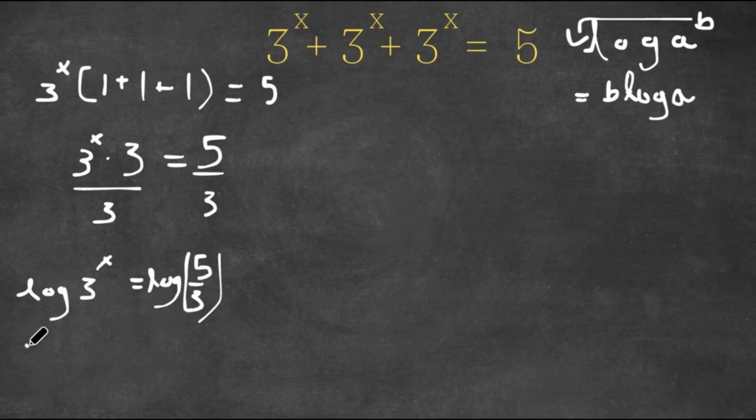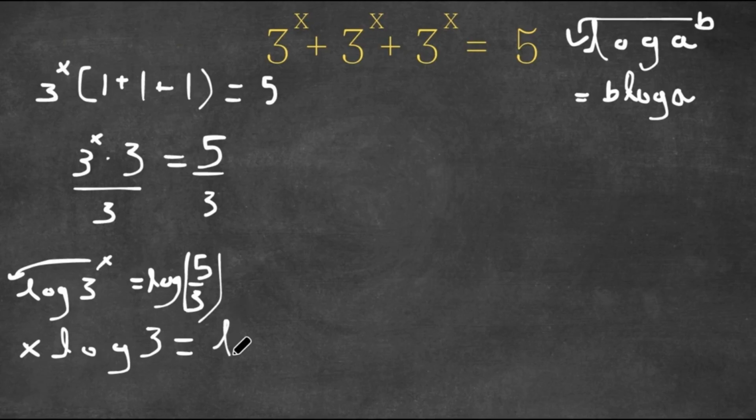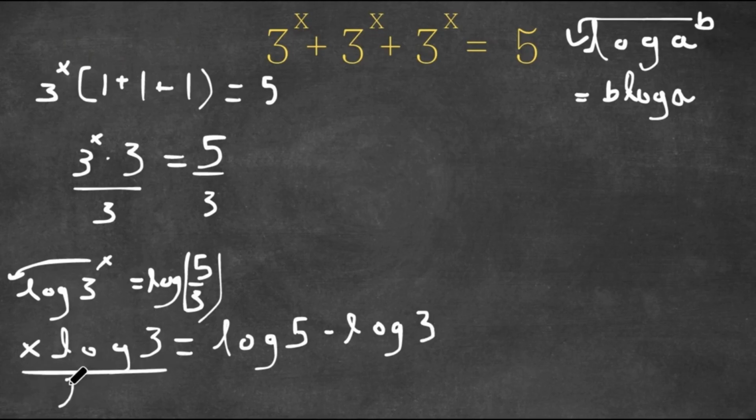So now we have, I'm actually going to move this x to the front. So now we have x times log 3 is equal to, now log of 5 over 3 is the same thing as log 5 minus log 3. So now I'm going to divide both sides by log 3.